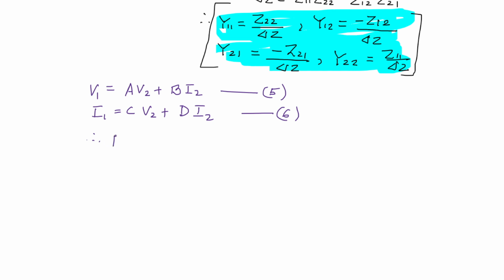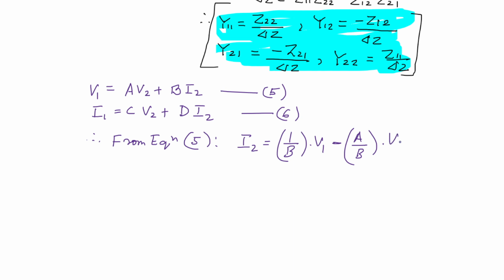From equation 5 we can write I2 is equal to 1 by B into V1 minus A by B into V2. So that is one equation for you.